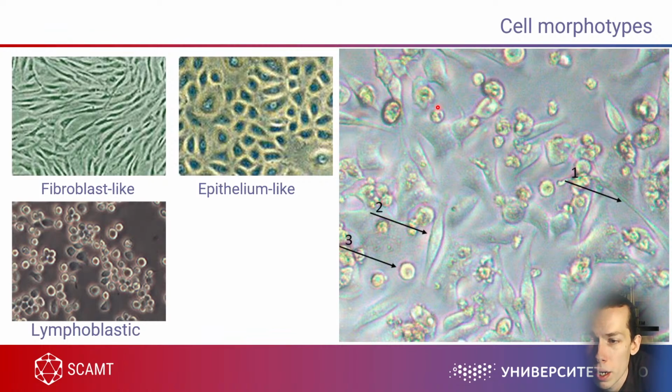I believe it's the A549 cell line. And as you can see, there are 3 numbers here showing different cell morphotypes. You can ask me why there are 3 morphotypes in one cell culture. Well, the morphotypes and cell morphology depend not only on cell type.